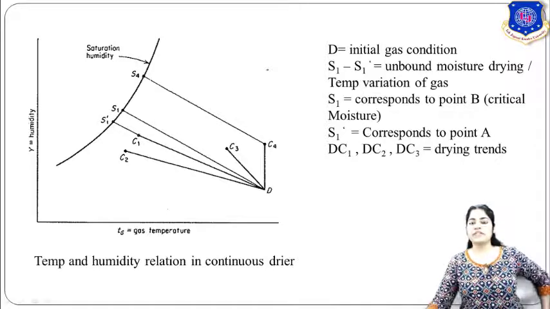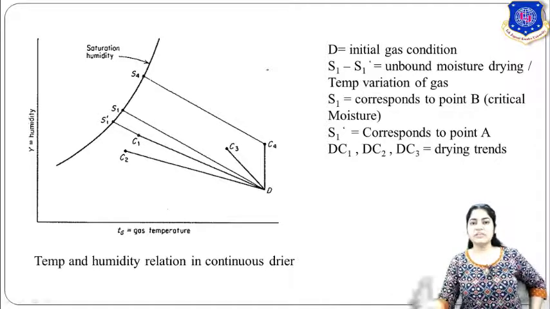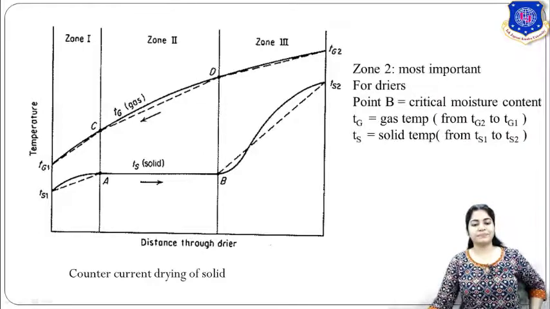Of course as drying occurs, moisture is transferring here, so humidity will change, right? First of all, what is S1 minus S1 dash? That is the unbound moisture drying. Here AB is the unbound moisture drying for the solid, whereas CD shows the temperature profile of your gas, right?